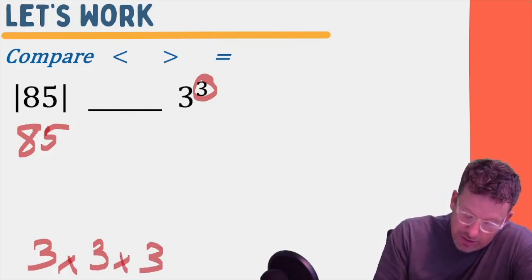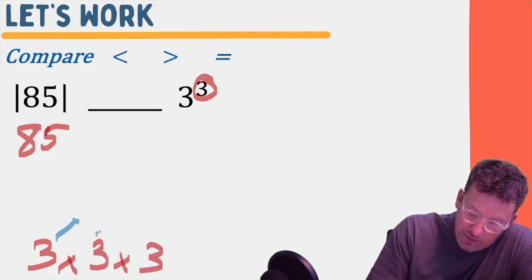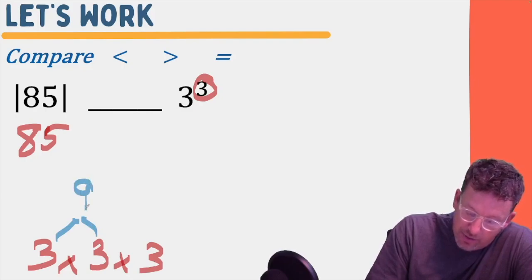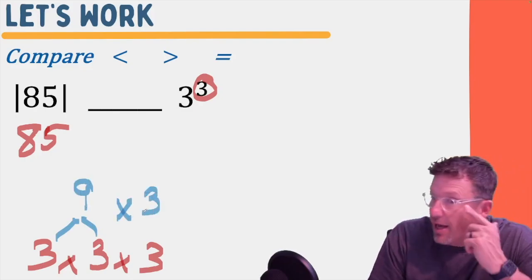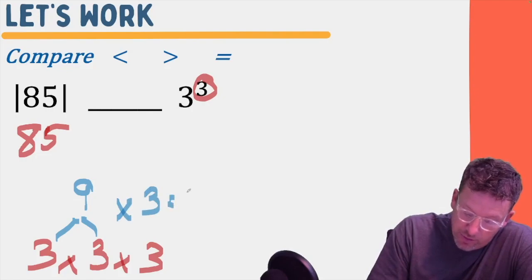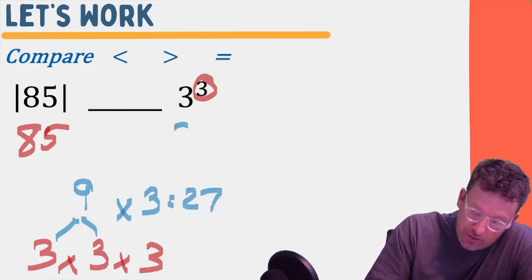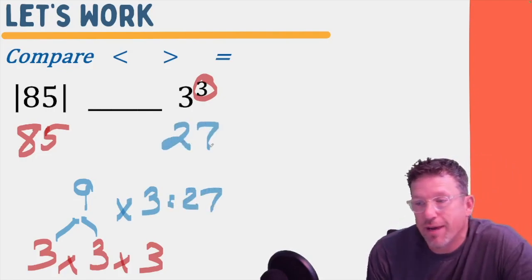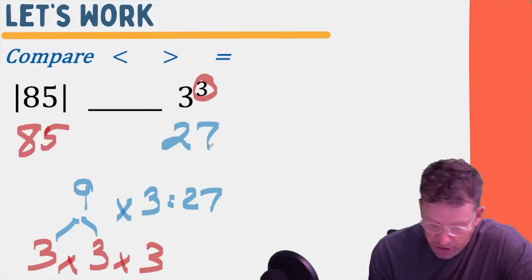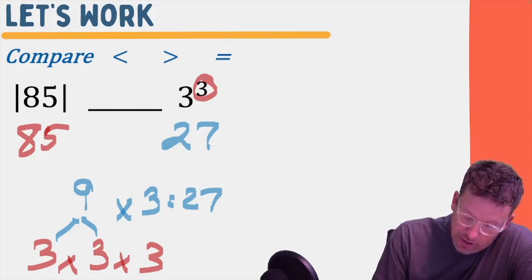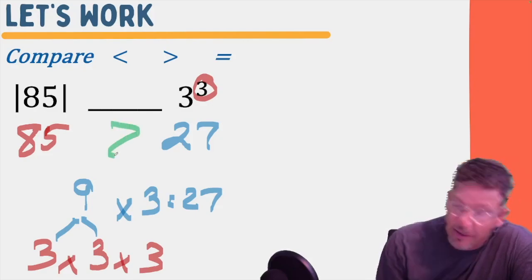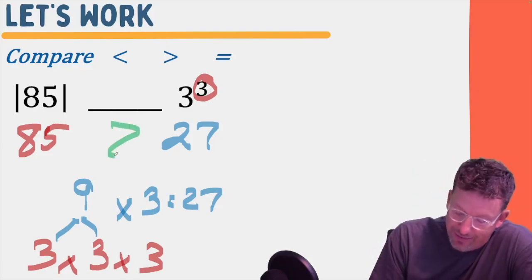So we have 3 times 3, which equals 9. We still have one more 3 to multiply by, so we have 9 times 3, which equals 27. So 3 to the third power becomes 27. It's an integer, and we know how to compare integers. What's bigger, 85 or 27? That's right, 85 is bigger than 27.